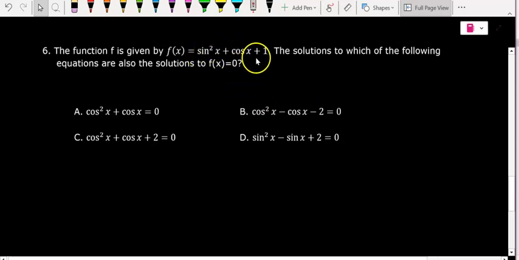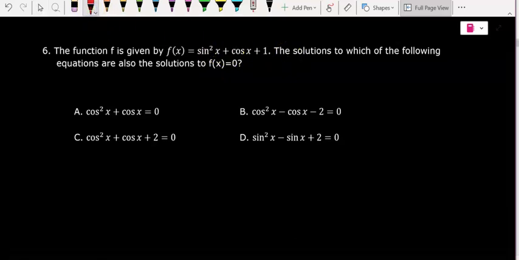So what this is saying is I need to solve this equation right here, set it equal to 0, and see which one of these down here is going to match. And as I'm going through here, it could potentially just appear in terms of A, B, C, or D when I change my equations around.